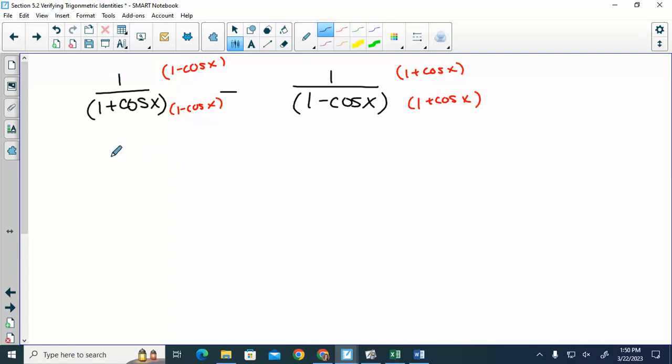So 1 times 1 minus cosine x is just 1 minus cosine x. On the bottom, we could FOIL. So we get 1 minus cosine x and plus cosine x drop out, minus cosine squared x.